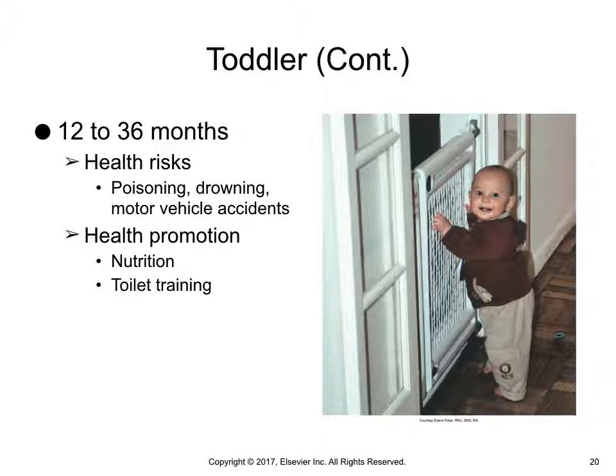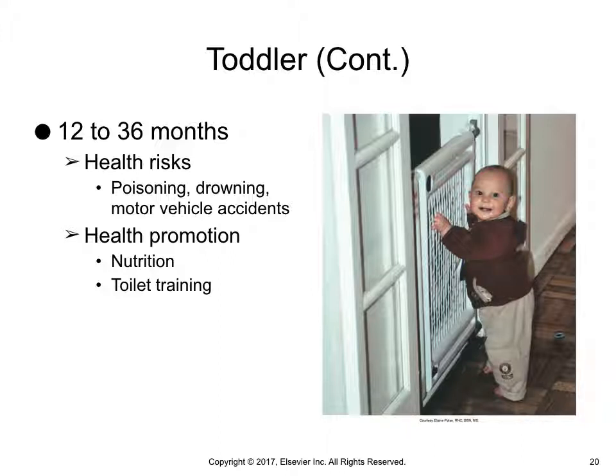The prudent parent removes or locks up all possible poisons, including plants, cleaning materials, and medications. Toddlers' lack of awareness regarding the danger of water, and their newly developed walking skills, make drowning a major cause of accidental death in this age group.